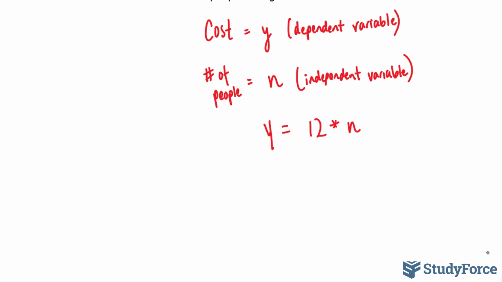Or in other words, y is equal to 12n. And let's say, for example, one person showed up. Well, we would replace this n with 1. We would end up with 12 times 1, and the cost would be $12. And if 100 people showed up, you would multiply that 12 by 100. And so the cost always depends on the number of people that show.